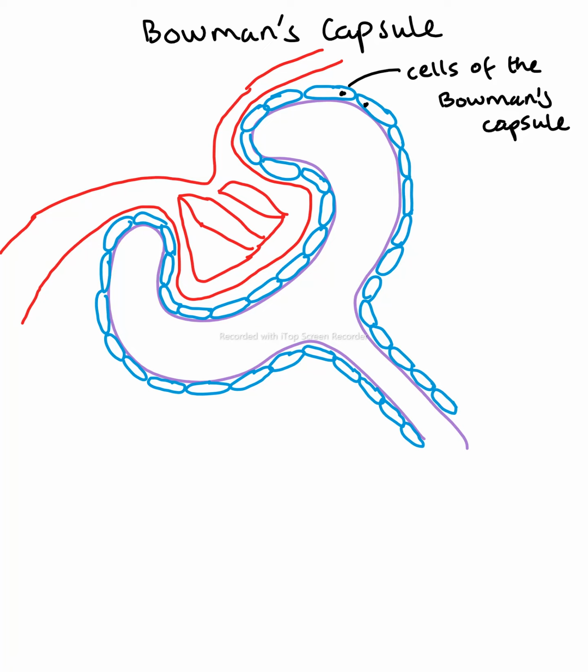So what's happening is blood is flowing in here, it splits up, some goes down here, some goes down here, some goes down here, and because of that the pressure increases and things start flowing out of the blood into the Bowman's capsule. So let's label this here.